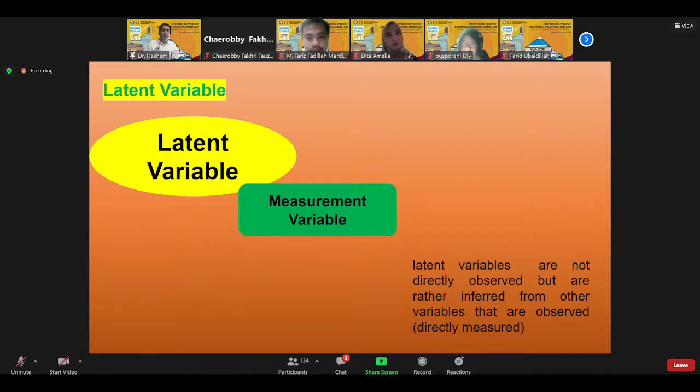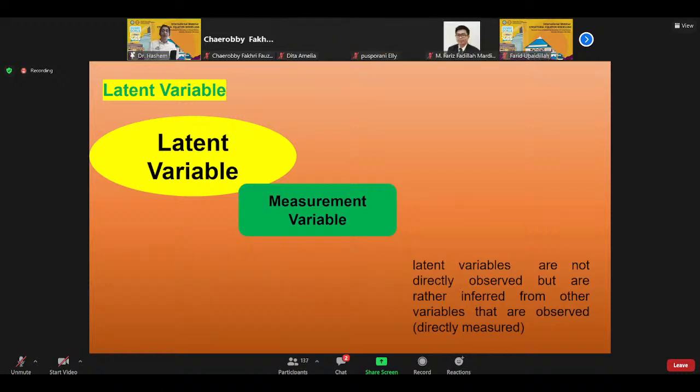When we're talking about business, for example, business strategy has many items. Firm performance includes financial performance, operational performance, and business performance. Every one of them is called a measurement variable. When we're talking about the performance of the company in general, you cannot measure it directly.